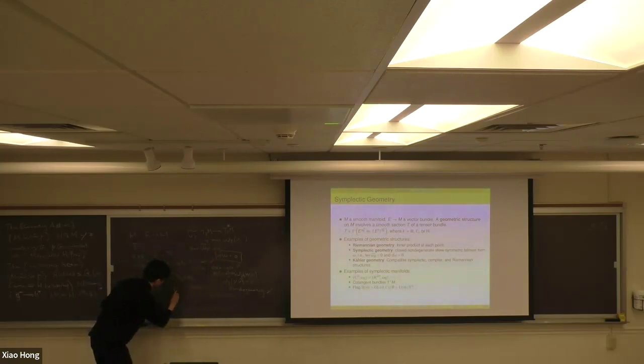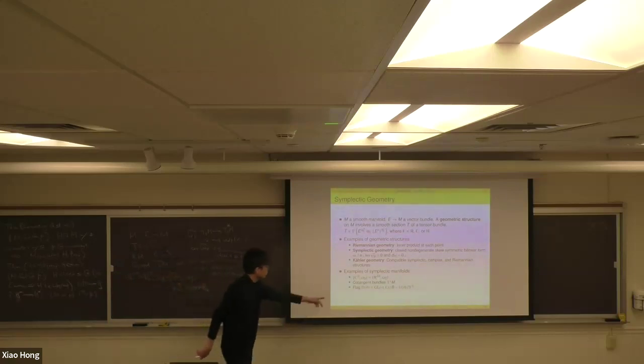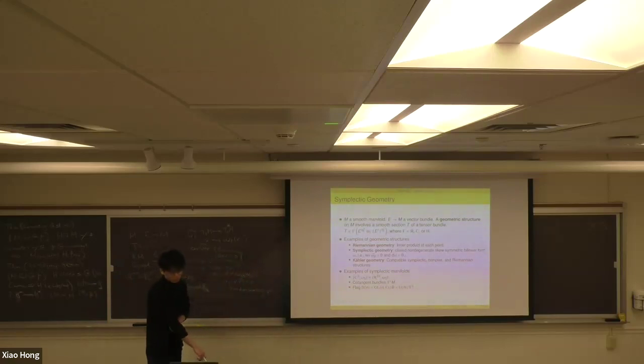It can be identified as this using the complex coordinates. Cotangent bundles, well, this is a typo here, it is not torus, the cotangent bundles are also symplectic manifolds. There are also some algebraic objects like flag varieties, which can be attached with symplectic structures.